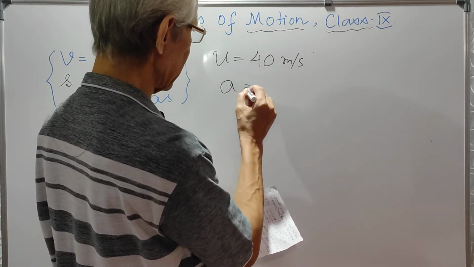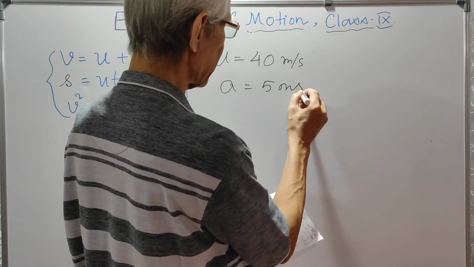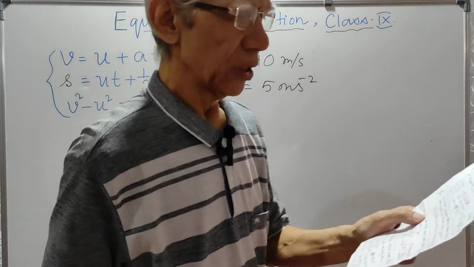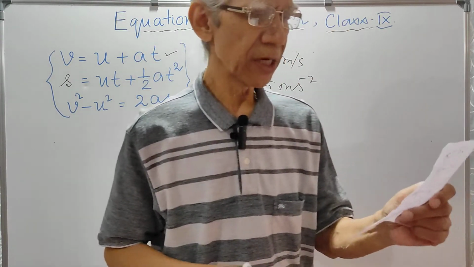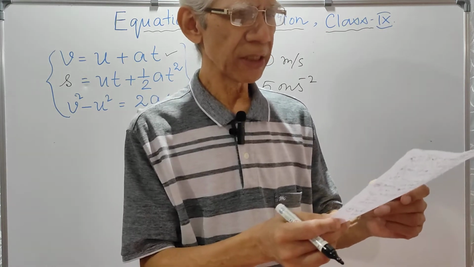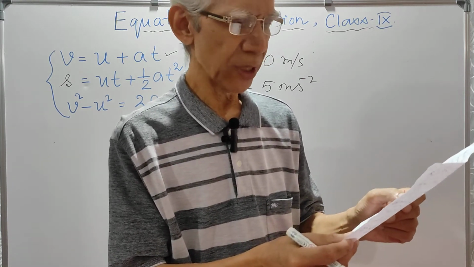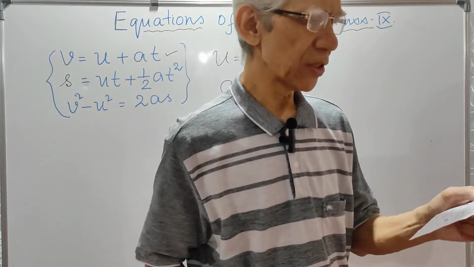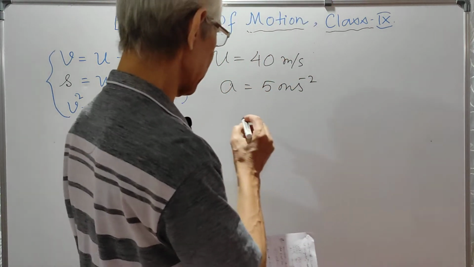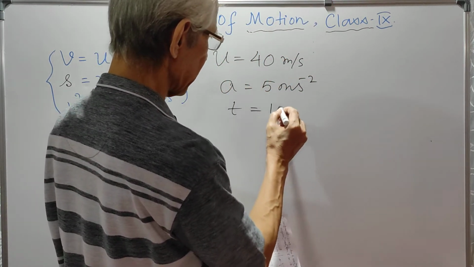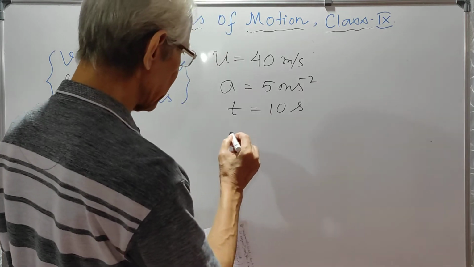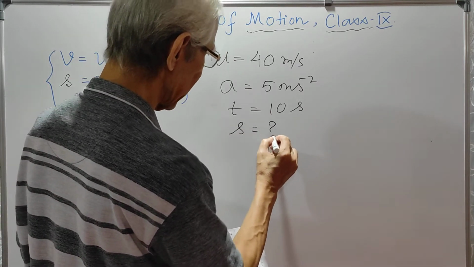So a is given, 5 meter per second square. Now what distance does it cover in 10 seconds? So time is given, 10 seconds, and you have to find distance, that means s.